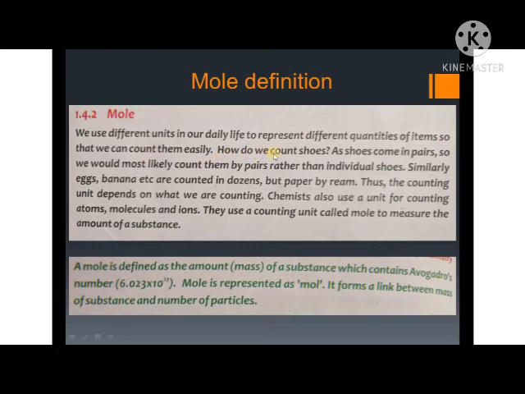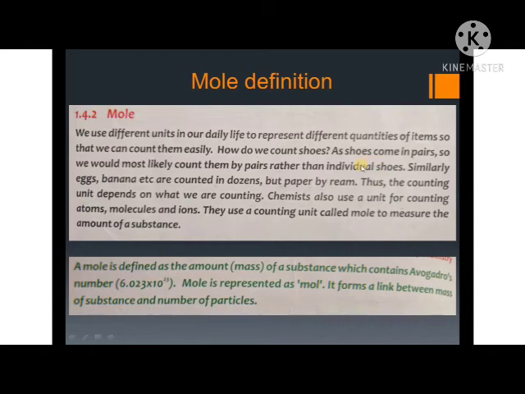How do we count shoes? As shoes come in pairs, we would likely count them by pairs rather than individual shoes.